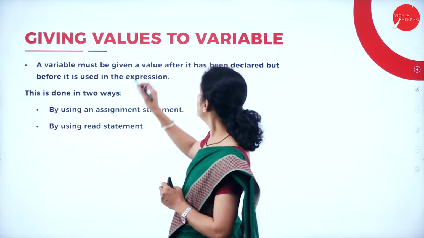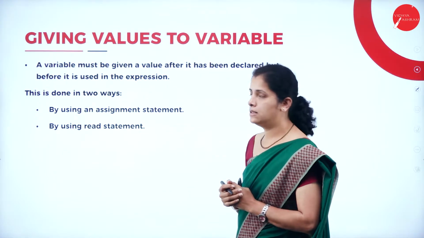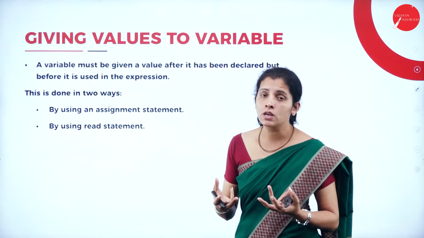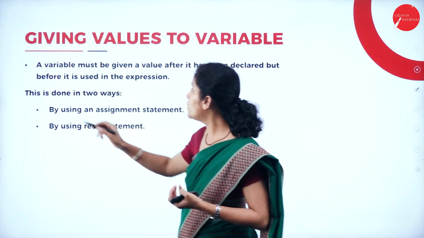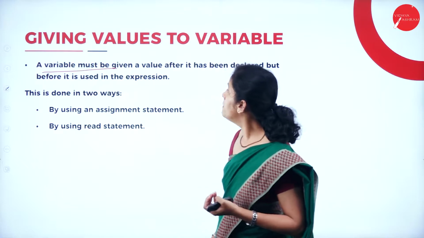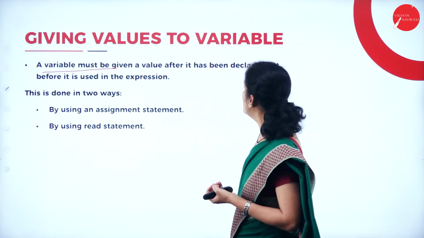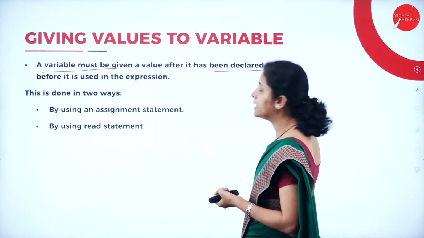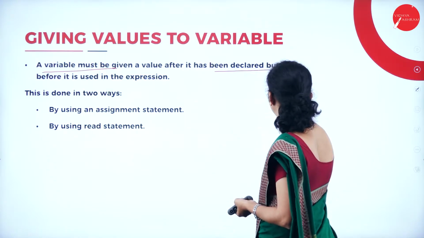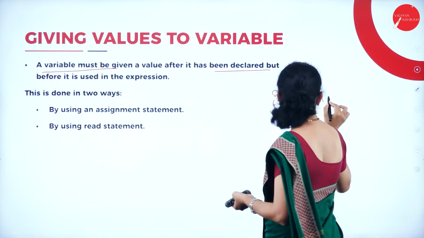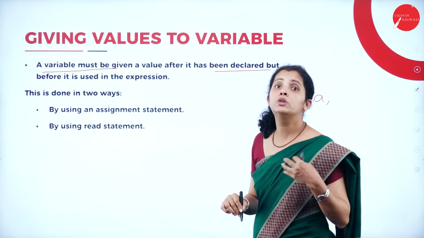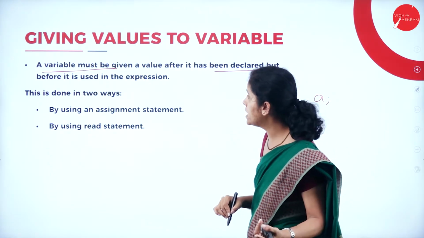Now, giving values to variables. So how can I give the values? How can I assign the values to the variable? A variable must be given a value after it has been declared. For example, if I write int a, then I must give a value to this variable.